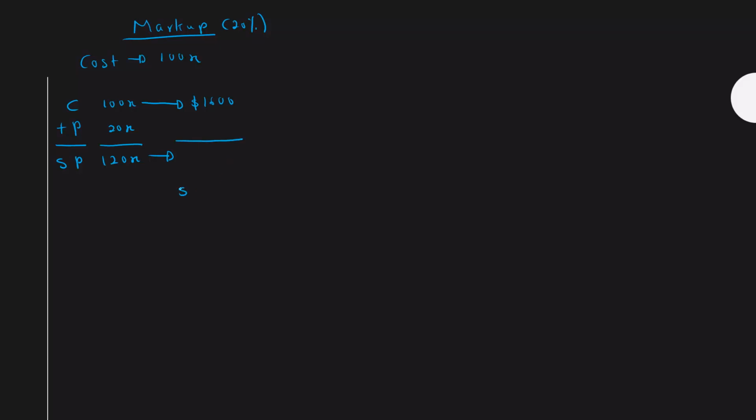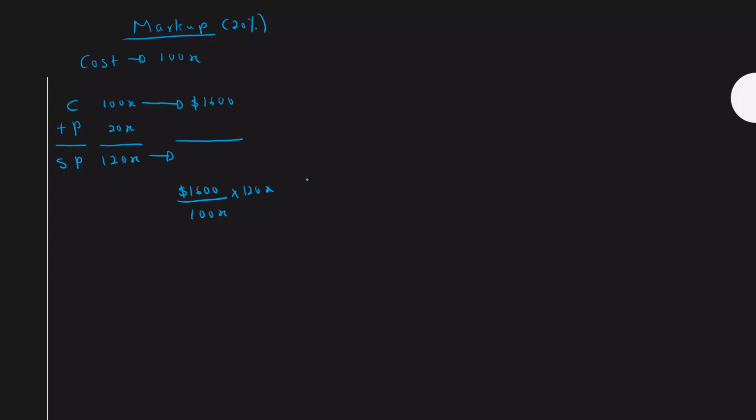Now the game is very simple. 1,600 is equal to 100x. If you divide by 100, you will get the value of 1x. Likewise, how much is 120x? So let me do the calculation here. 1,600 divided by 100 into 120.